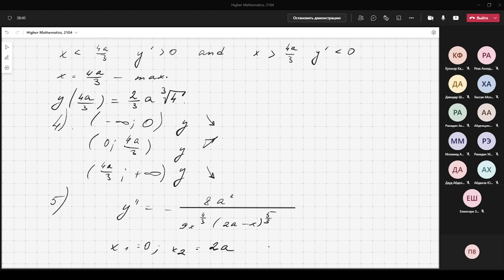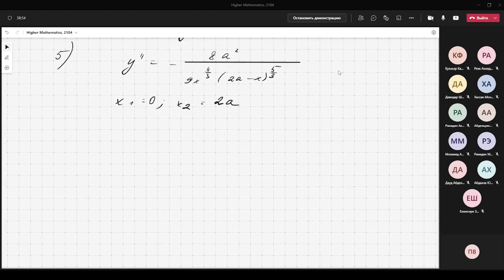Let us investigate the sign of the second derivative near each of these points. For x less than 0, we have y double prime less than 0 and the curve is convex up.